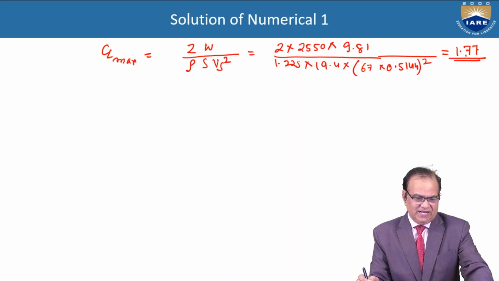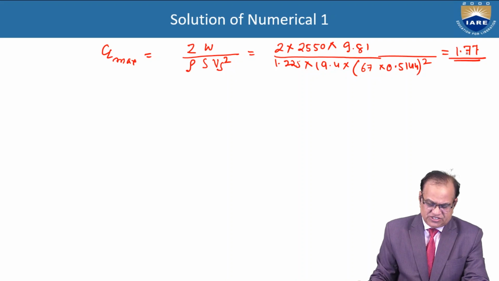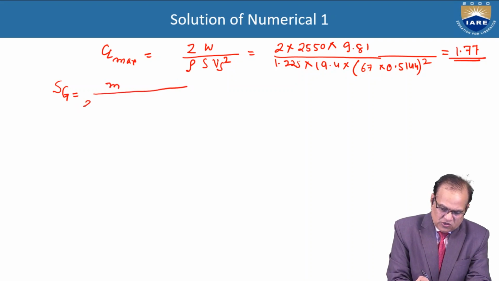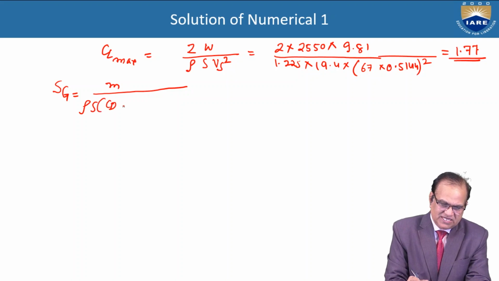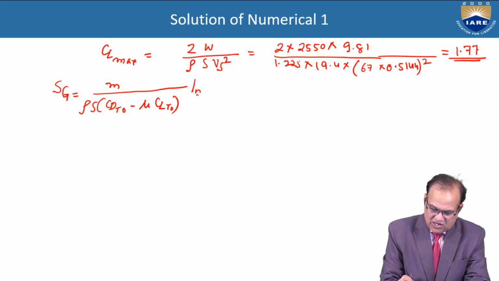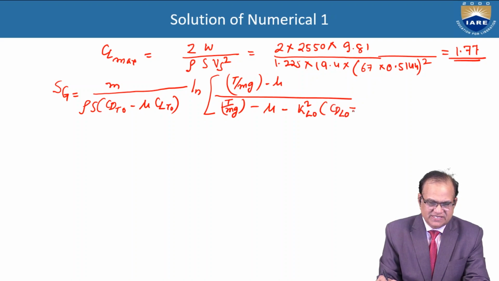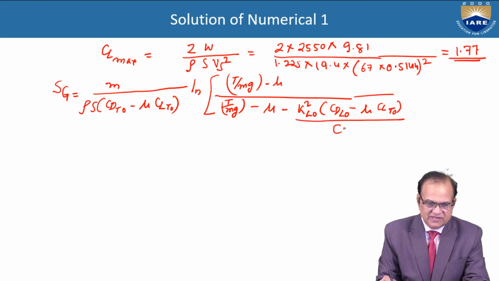Now we will see how we can go ahead. We know that the ground roll distance SG equation is m divided by rho into S into CD of takeoff minus mu CL of takeoff, times the natural log of T by mg minus mu, divided by T by mg minus mu minus K CL square CD naught minus mu CL takeoff, divided by CL max.